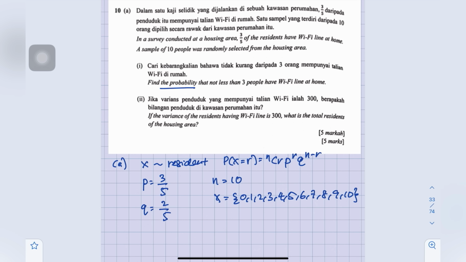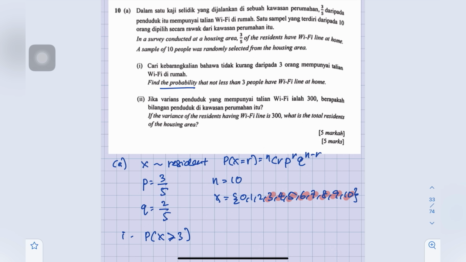The first one we are going to find the probability not less than 3. So P(X is more than or equal to 3), meaning 3, 4, 5, 6, 7, 8, 9, 10.